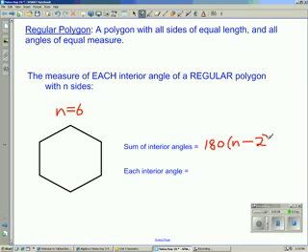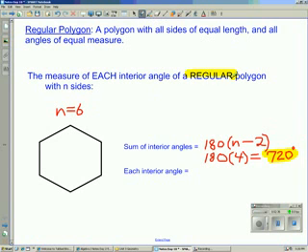For a hexagon, n is 6, so we do 180 times 6 minus 2, which is 4. That's 720 degrees. So that's what they all add up to.